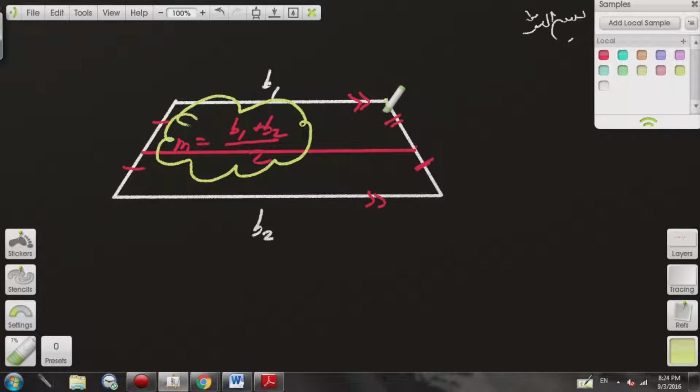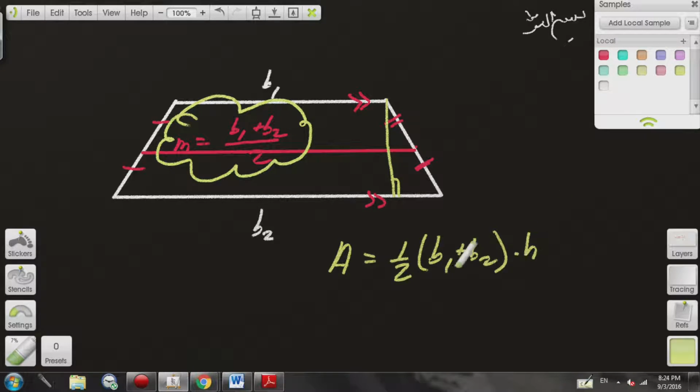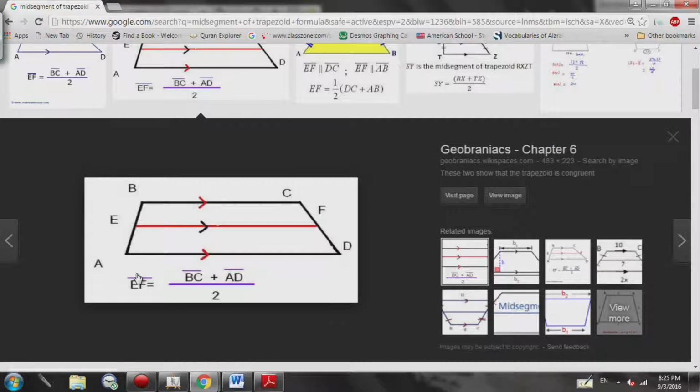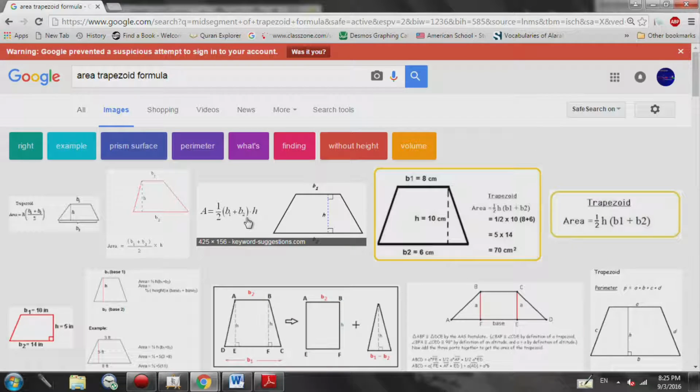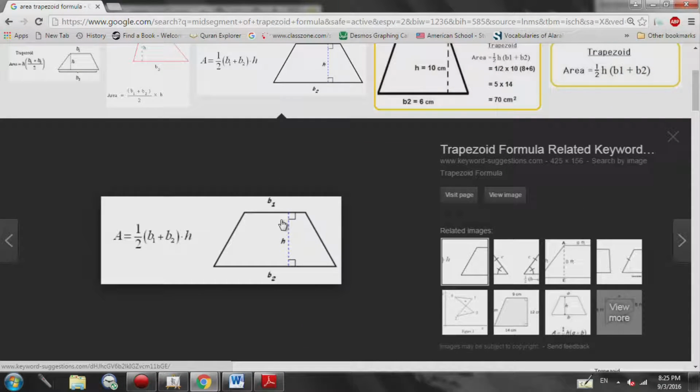This is the height of the trapezoid. The area of the trapezoid is 1/2 times base 1 plus base 2, times height. It's like the triangle, because a trapezoid is a truncated triangle, so the area formula is very similar.